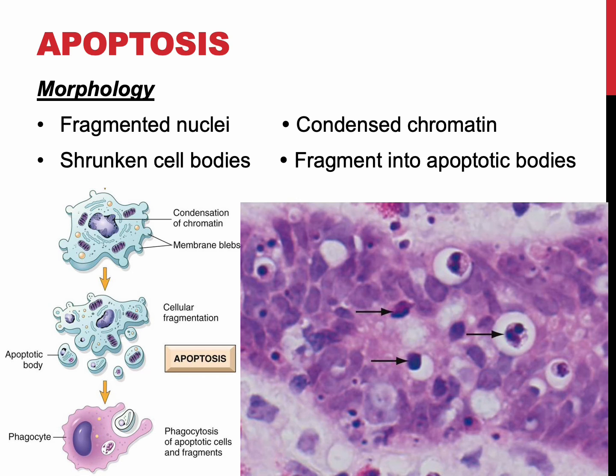These apoptotic bodies will then be phagocytosed by local phagocytes. You can see with these little arrows on the picture on the right that these cells normally took all of this space, but due to the shrinking of the cell that's undergoing apoptosis, you can see the space around it. So that's typical of apoptosis.